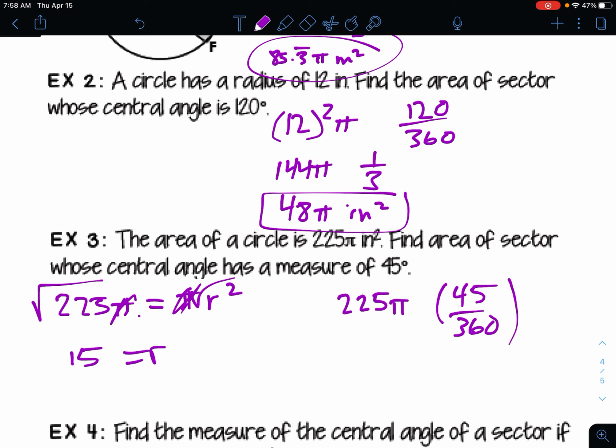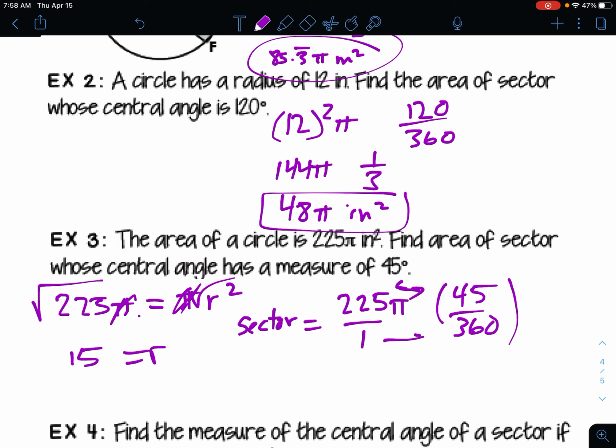Oh no, this is sector area. If you are doing this in Desmos, you can just type 225 times 45 divided by 360 in there, or you could do top times the top. Think of it over 1, right?